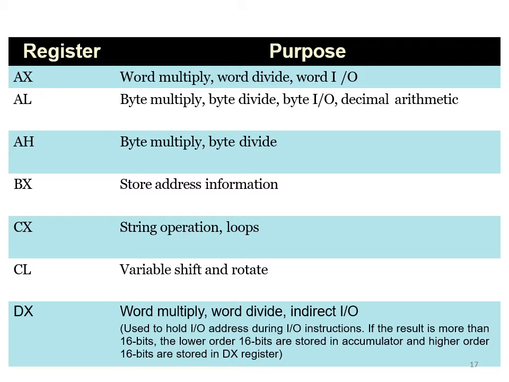Similarly, if you have to read byte data, do a byte division, or any byte manipulations, you can go for only half of either the low part or the high part of AX. Since 8086 gives you a provision for dividing the 16-bit register into two halves, the lower half and the upper half, you don't have to waste the space of the register if it is byte-based computation. Similarly, BX is for storing the address information.